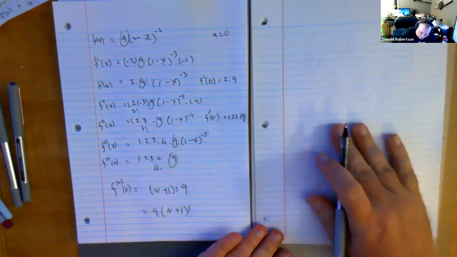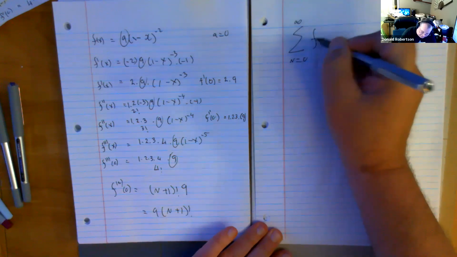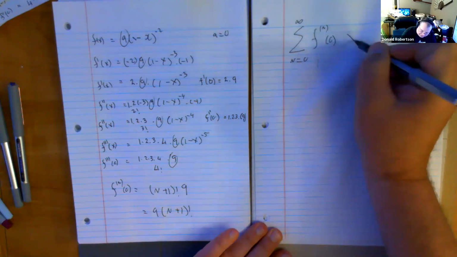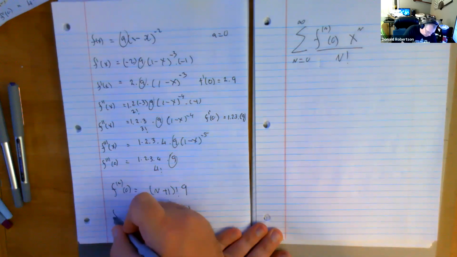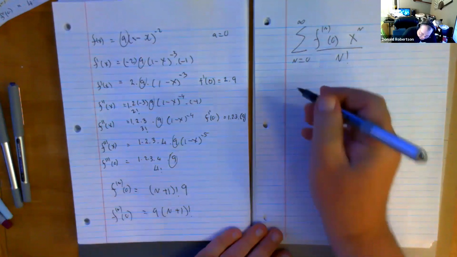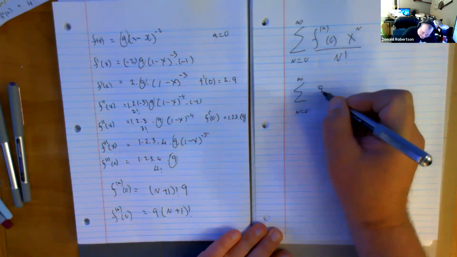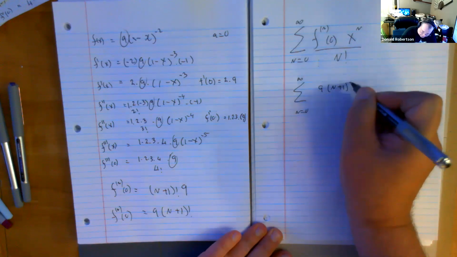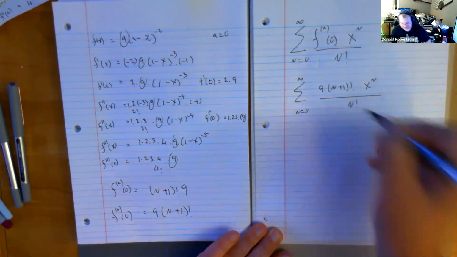Now, the Maclaurin series has the nth derivative at 0, x to the n, all over n factorial. We now have a formula for what that is equal to, and so I'm going to plug it in. It's going to be 9 times n plus 1 factorial over that guy.